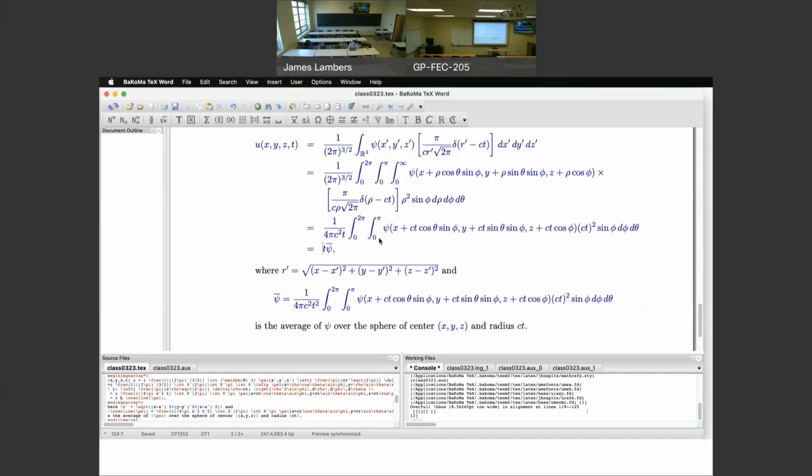So while I could cancel the c squares, that doesn't really help me because I want a nice compact representation of what this integral means. By not canceling the c squares, making this fraction up front be 1 over the surface area, it allows me to recognize, oh, what I have here is the average value times t. So now I can express my solution in an extremely compact form.